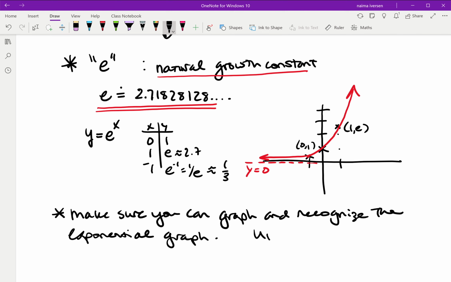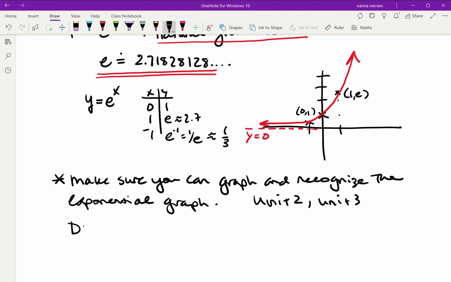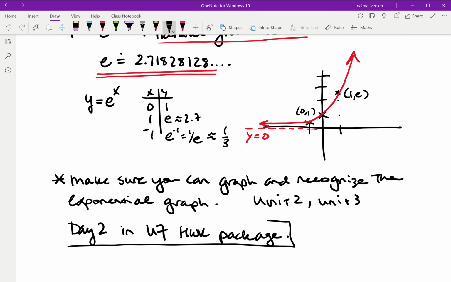You could go back to Unit 2, you could go back to Unit 3, or what you could do is do Day 2 in the Unit 7 homework package, just to make sure that you are up to speed and ready to get going really fast when we come back to school on Monday.